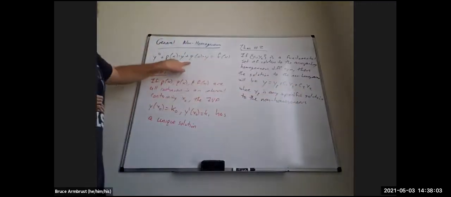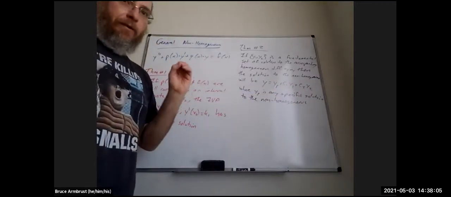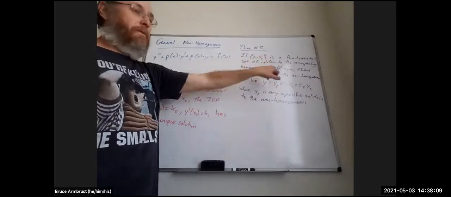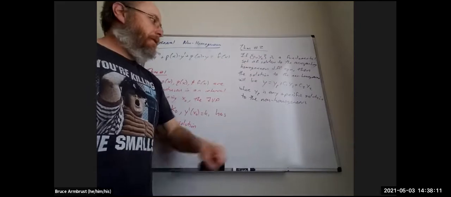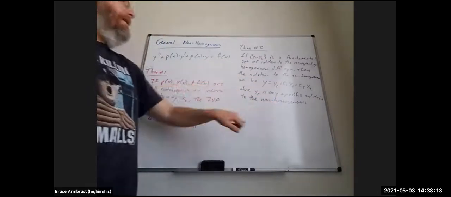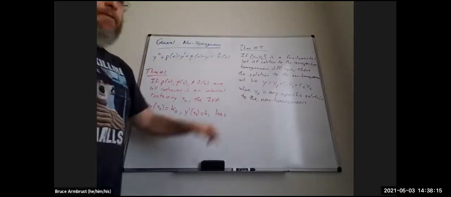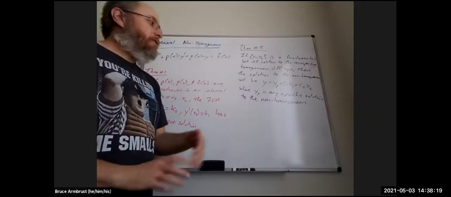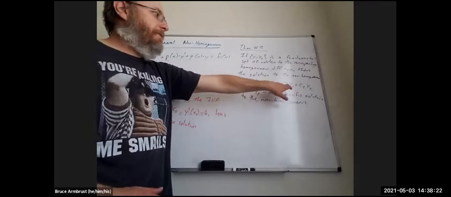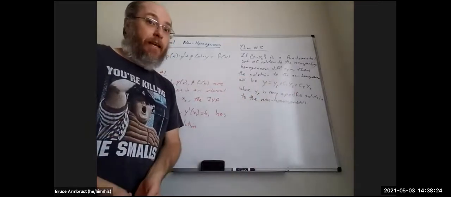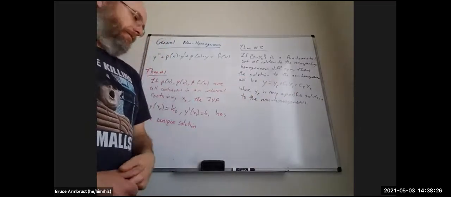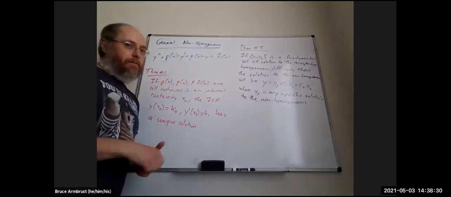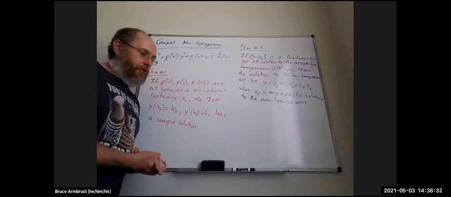When I plug C1 Y1 plus C2 Y2 into this differential equation, I get 0, because they were solutions to the homogeneous. When I put yp in, I get f of x, because it is a solution to this. So when I put this entire thing in, I get f of x plus 0, which is f of x.